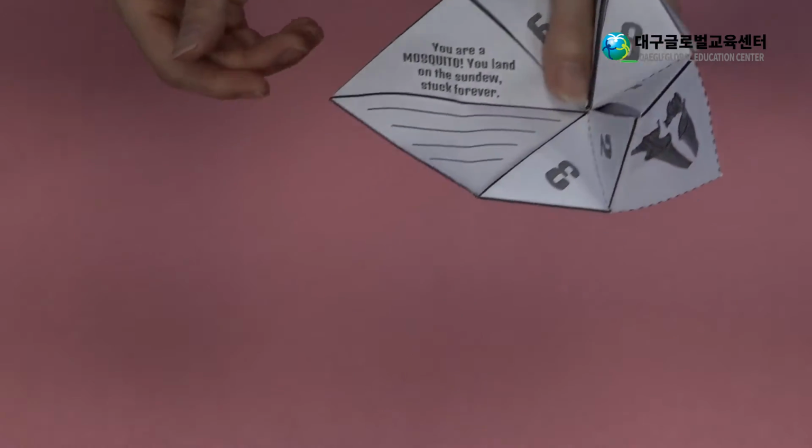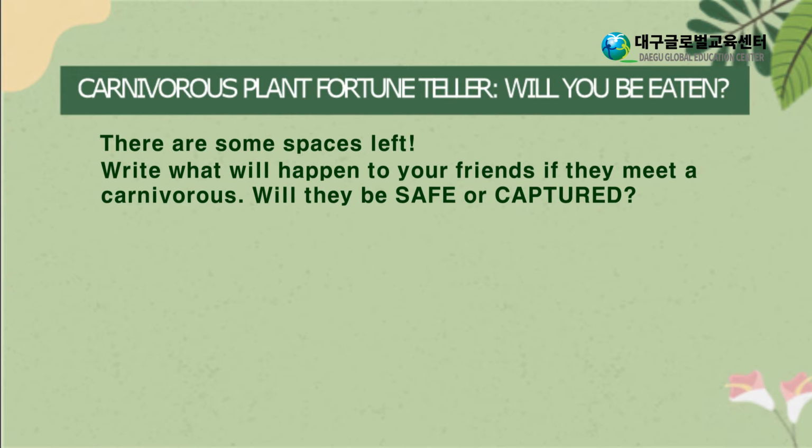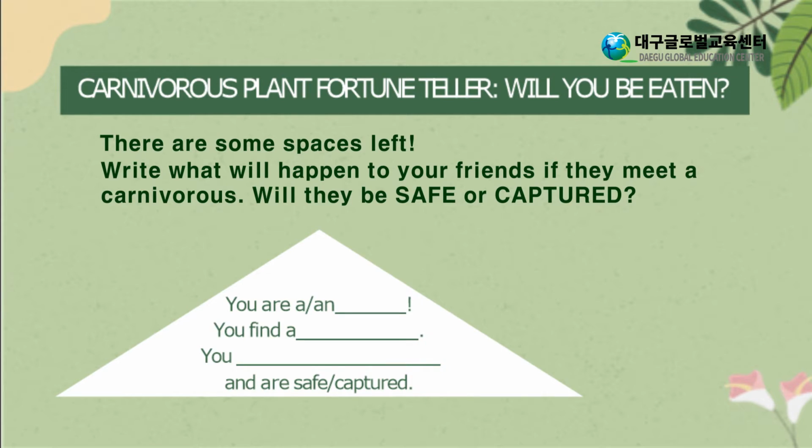Forever! Now, this is called the carnivorous plant fortune teller. Will you be eaten? On each triangle that is empty, you will write the fate of your friends. So, will they be safe or captured? You can use the template here to help you write your sentences.